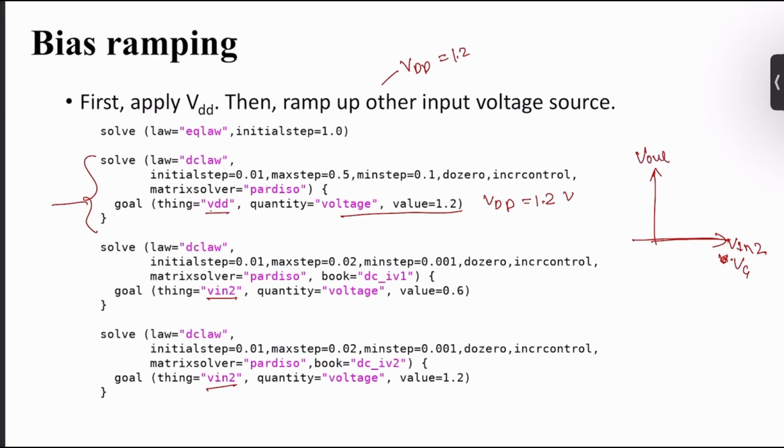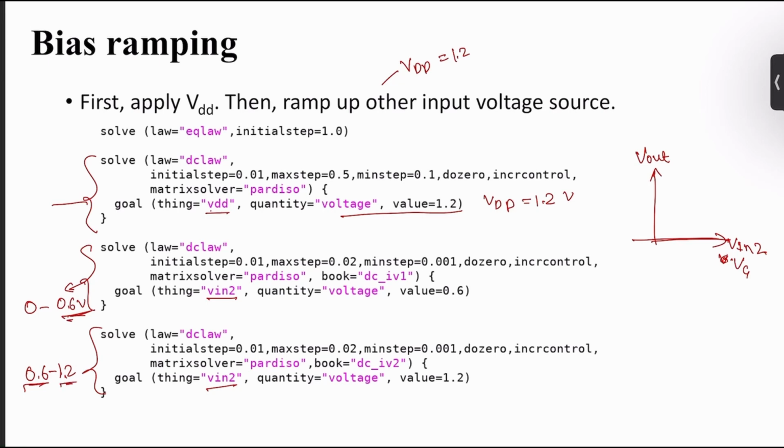From this line of code, it will be swept from 0 to 0.6 volt, and here we can see 0.6 to 1.2 volt, because the first one runs till 0.6 volt. The G device automatically starts from 0.6 to 1.2, because it already computed the first part.